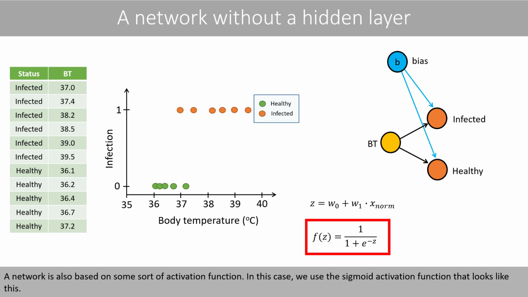A common threshold to make a categorical prediction based on a probability is 0.5. Since this probability is greater than 0.5, we predict that a person with a body temperature of 38 is infected. By changing the bias weight, we can move the curve to the left or right.